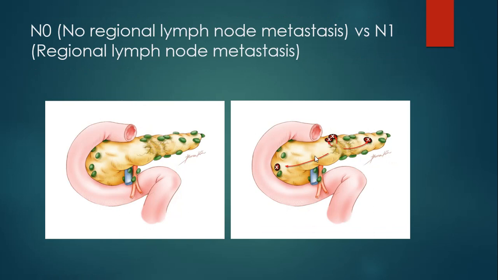Nodes, again the nodal status N0 when no regional nodes are involved, while N1 is the one where the regional lymph nodes are involved. For example, here is the tumor and the regional lymph nodes which are alongside the pancreas, they have been involved like that. So when the nearest lymph nodes to the tumor are involved, then it is called N1.